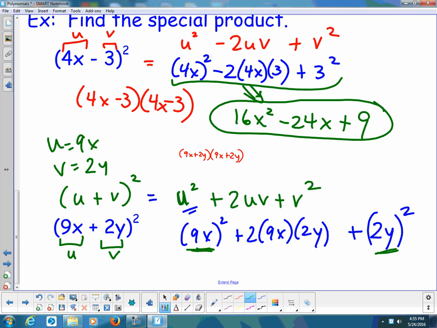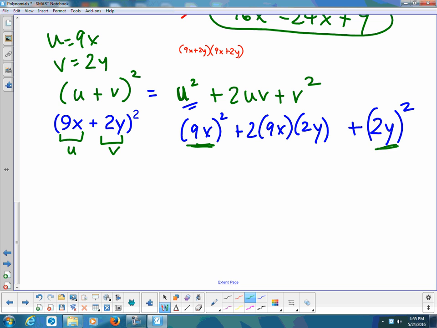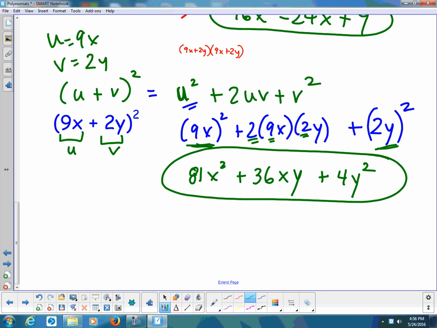So now when I simplify, (9x) quantity squared means the 9 has to be squared and the x has to be squared. So I'm going to have 81x squared. Here I've got 2 times 9 is 18, times 2 is 36, so I get plus 36xy. And then here I have 2y times 2y, which would be 4y squared. So that would be my answer here.